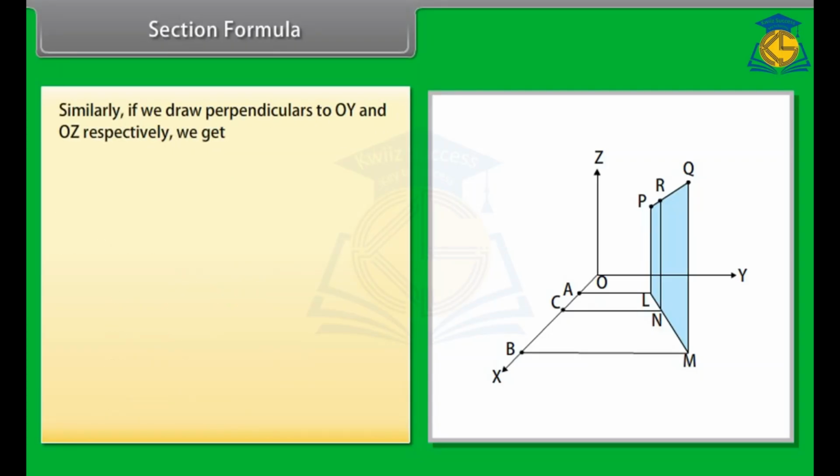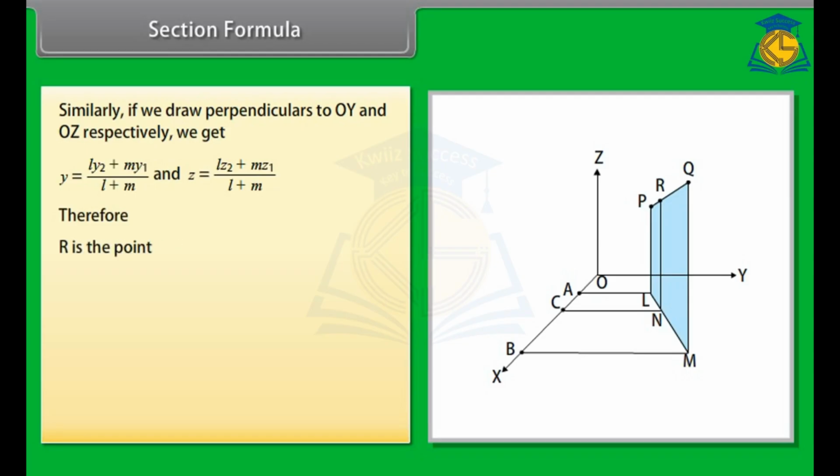Similarly, if we draw perpendiculars to OY and OZ respectively, we get y = (Ly2 + My1)/(L + M) and z = (Lz2 + Mz1)/(L + M).